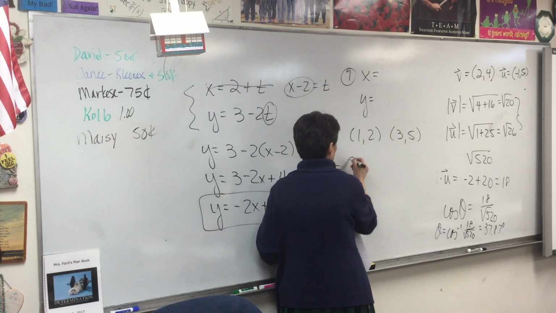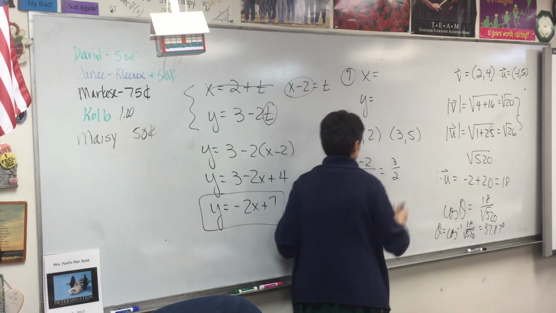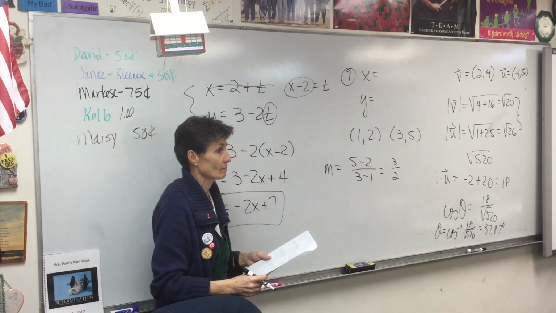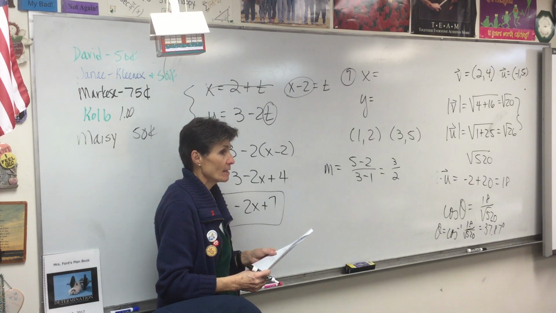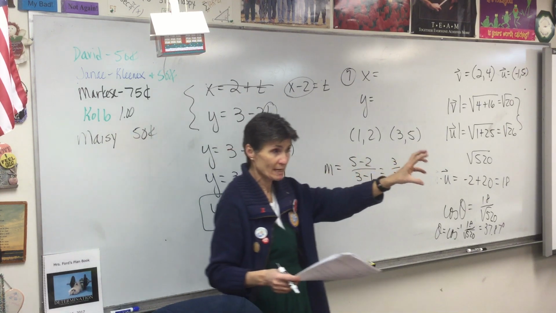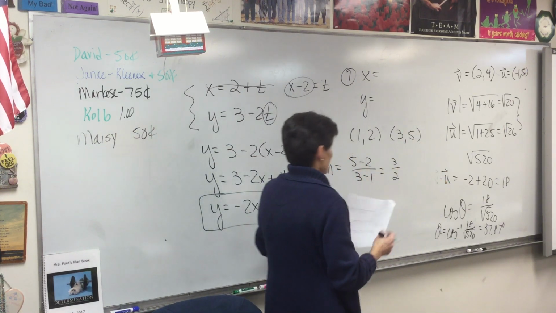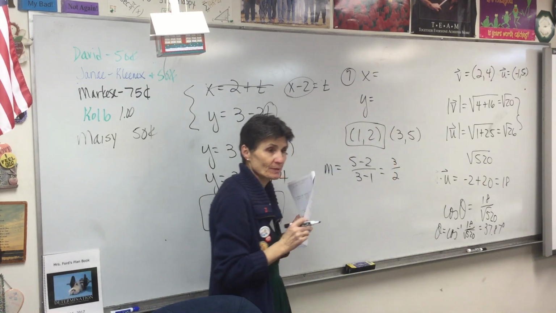So our slope, 5 minus 2 over 3 minus 1. Did you get 3 halves? Right? And then what's the other piece of it? Not only do we need the slope, what else do we need? A point. So I don't care. Let's use this one just because they're smaller numbers. Doesn't matter.